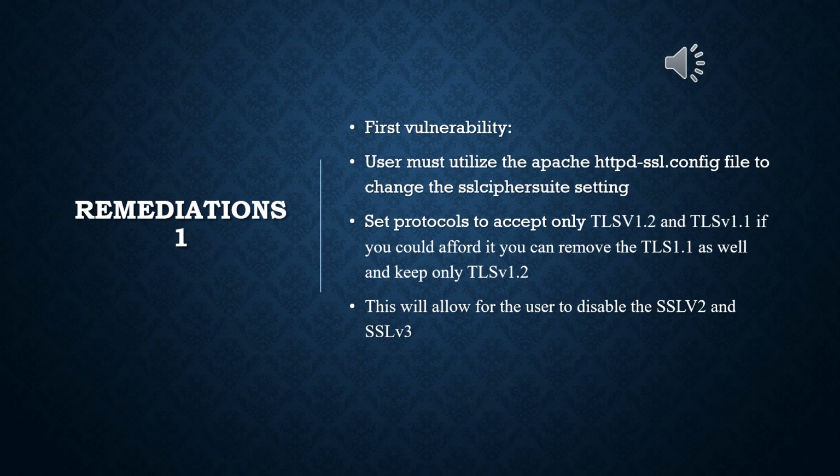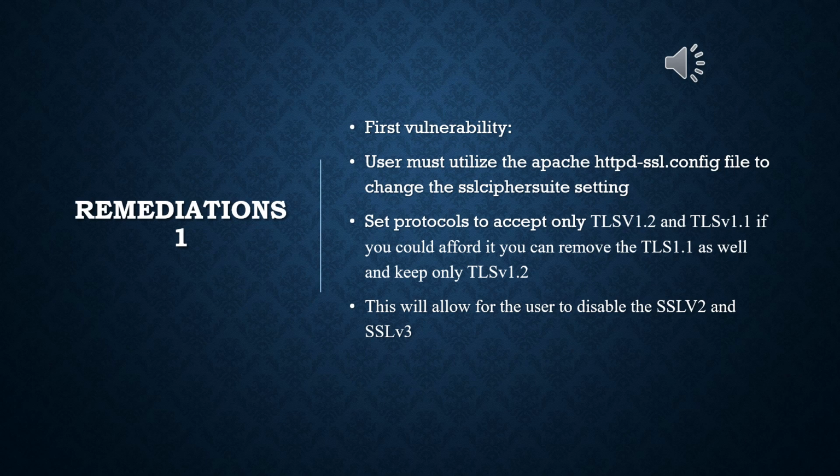And in order to get that fully configured, you have to configure SSL certificates as well. So for this vulnerability, the user must utilize the Apache config file, and that config file is the httpd-ssl.conf file. And once in that config file, the user will want to change the SSL cipher suite setting.